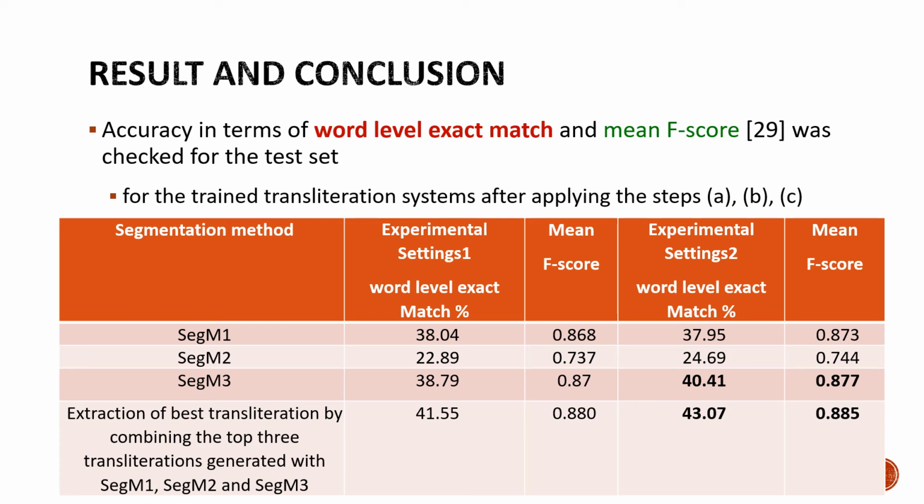After extraction of the best transliteration by combining the top 3 transliterations generated with different segmentation methods, with experimental setting 2, the highest word level exact match was obtained, which was 43.07%, and the mean F score was 0.885.